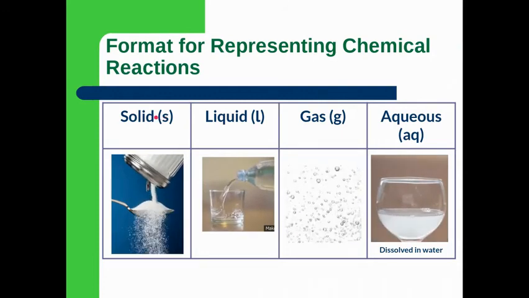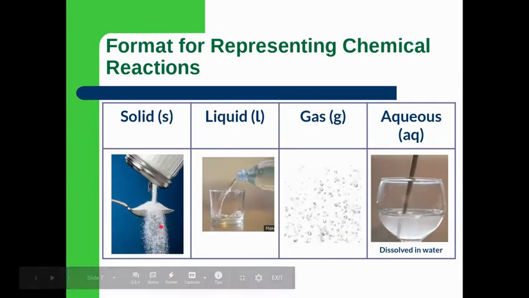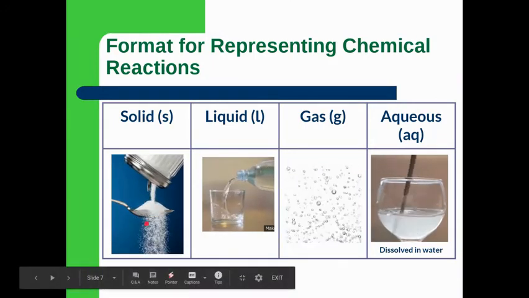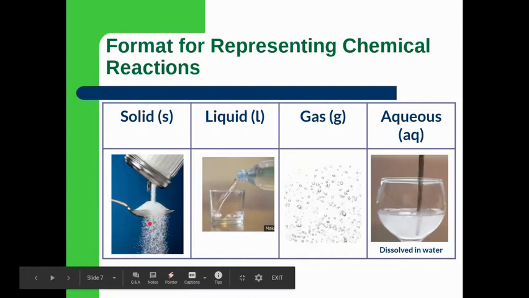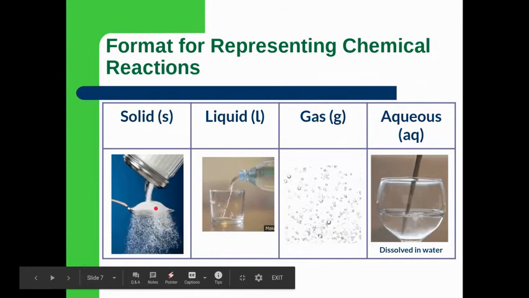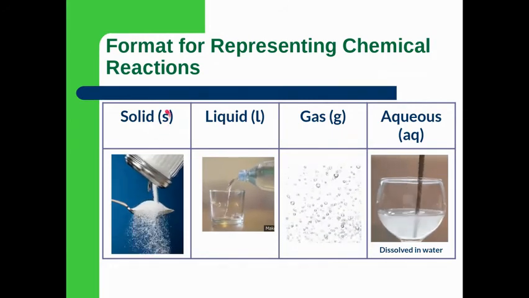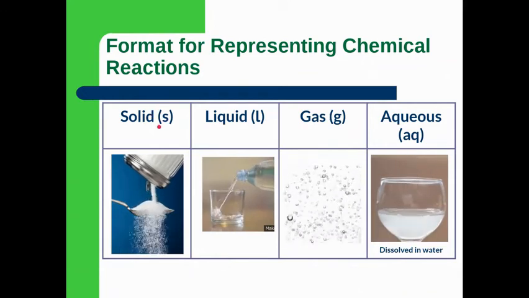So for example, if we start out with salt, which is NaCl, if that salt needs to be in the solid state as it's shown here, we would write NaCl and then parenthesis, lowercase s, parenthesis, to indicate that it needs to be in its solid form.